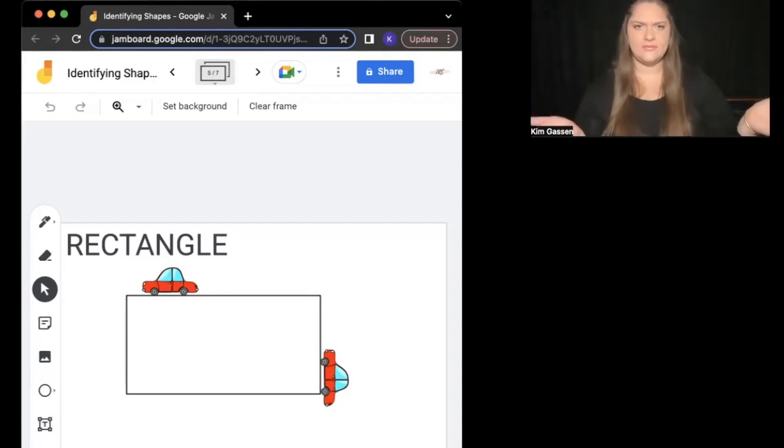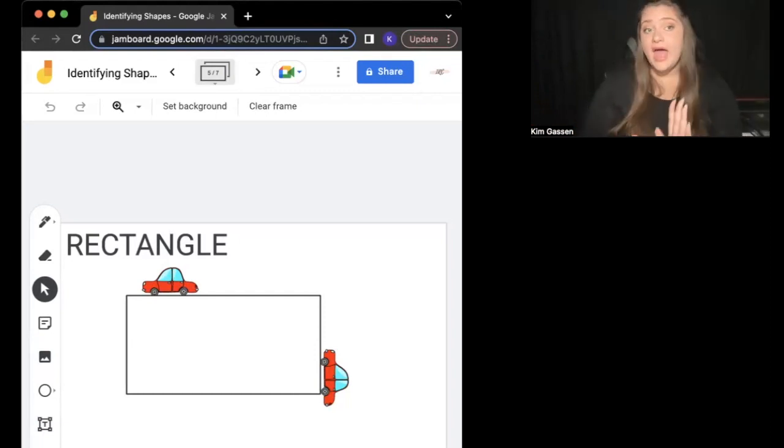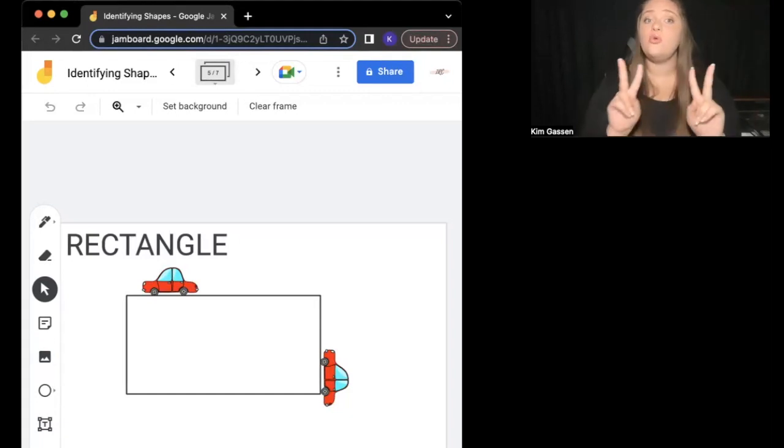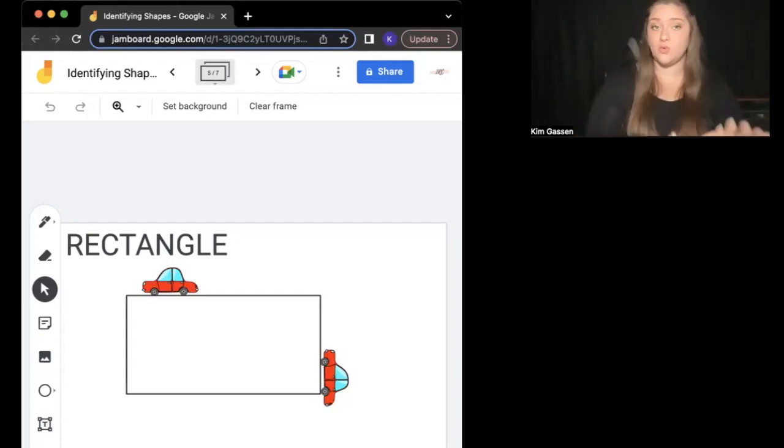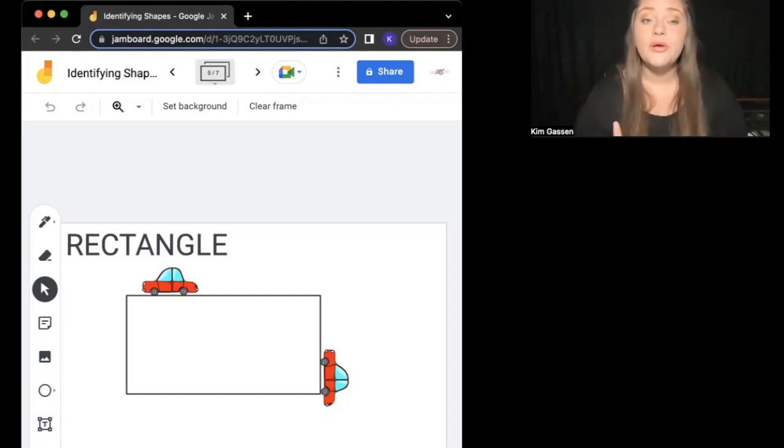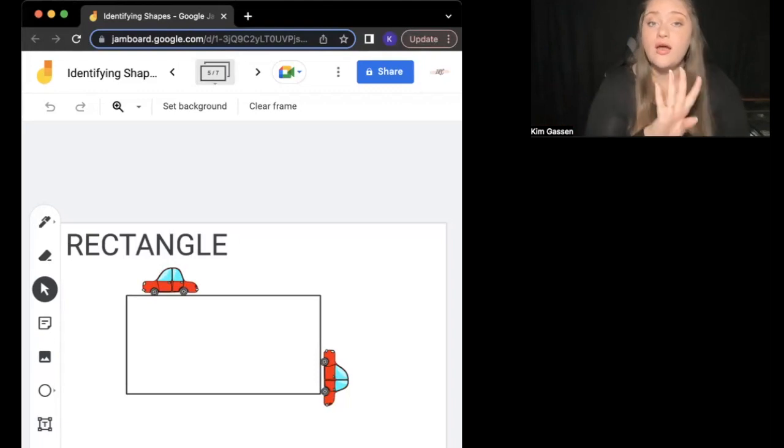Now, why is that? A square also has 2 pairs of matching sides because all 4 sides match. So does that mean that all rectangles are also squares? Nope, because to be a square, all 4 of their sides have to be the same.